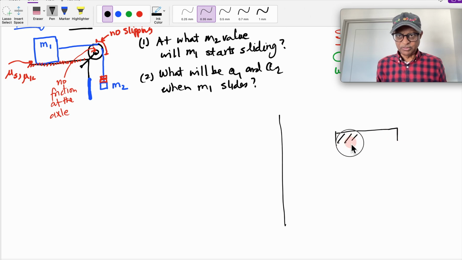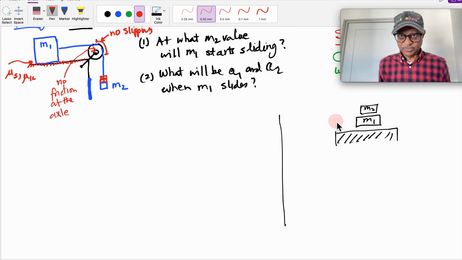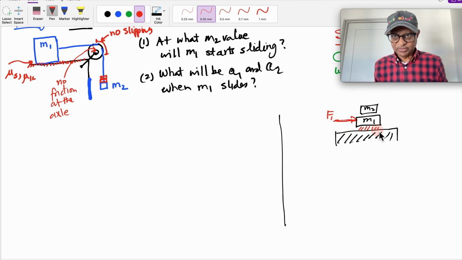So this is the table, and this is say M1, M2, and we're saying that there is a force on the M1, and I'm just going to call it F1, and there is going to be a frictional force here, and if this is not sliding past this, then it's going to be backward like that.